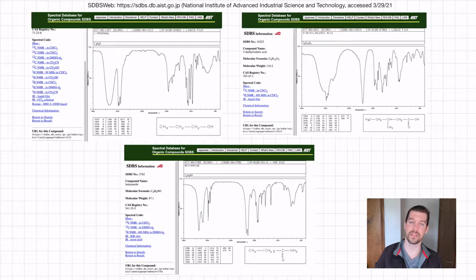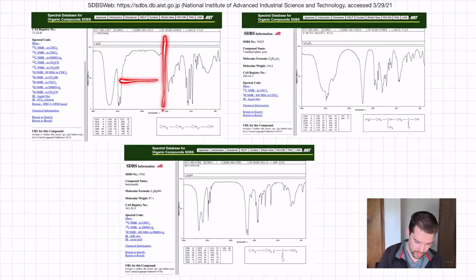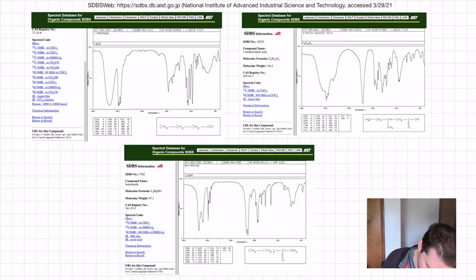But for our purposes in this class, you don't need to worry about anything below like 1400, 1500, the fingerprint region. Don't worry about it. We're looking at everything to the left of that line. So all this stuff in there we don't care about.